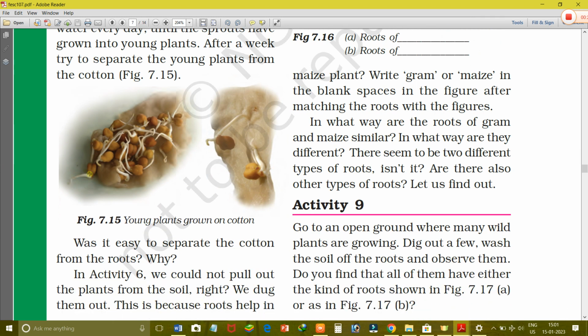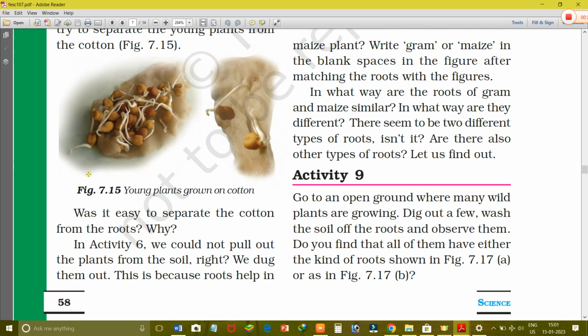While it is easy to separate the cotton from the roots, why in activity 6 could we not pull out the plant from the soil, right? We dug them out.